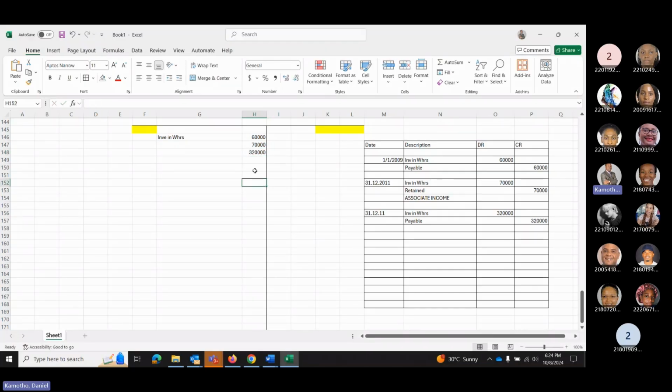So the total cost on the investment account would have reflected 450,000. Basically, that's how in the separate books of the parent, the investment in this company is 450,000.